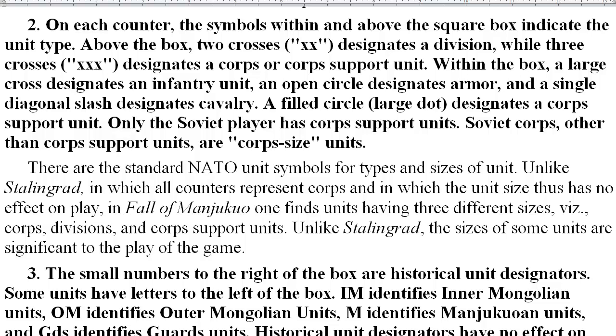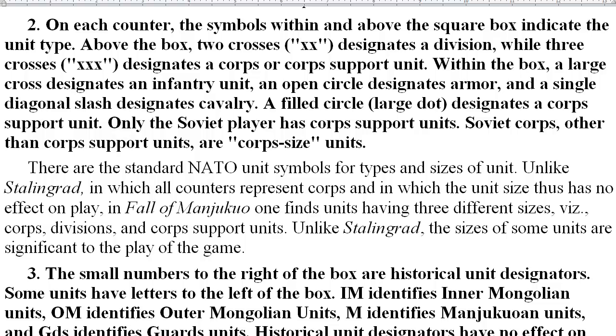We now come to the detailed description of the unit counters. There is a squarish box on each unit counter that indicates the type of the unit and the size, exactly like Stalingrad. However, there is a small complication in that in this game, the size of the counters matters.